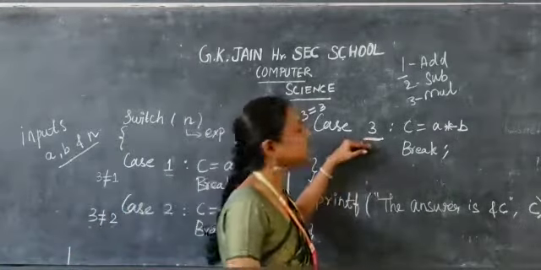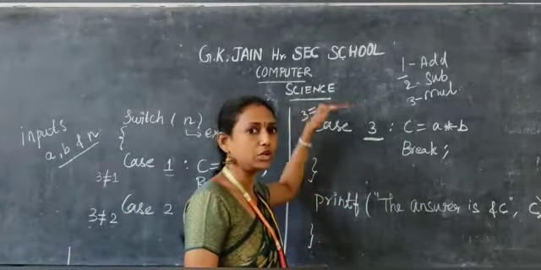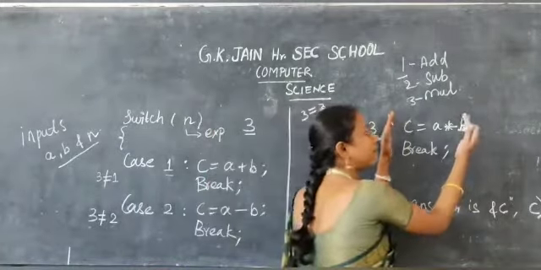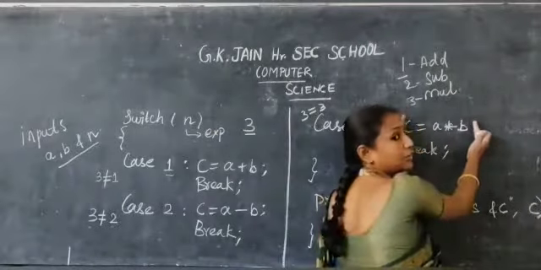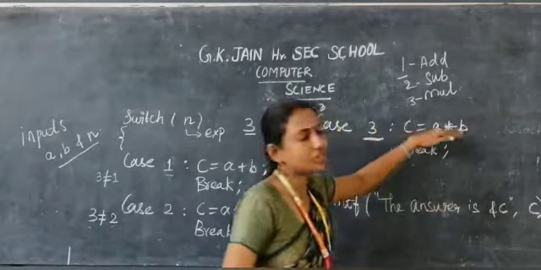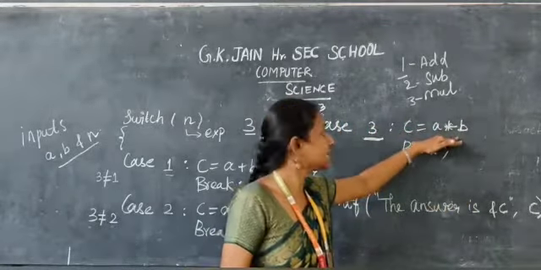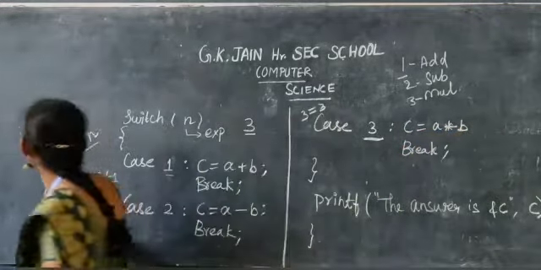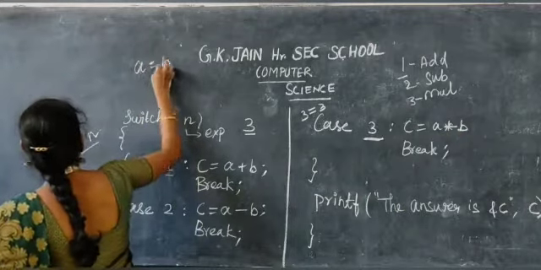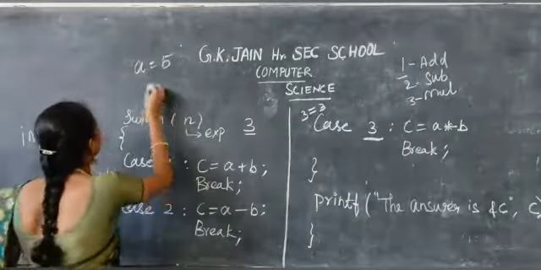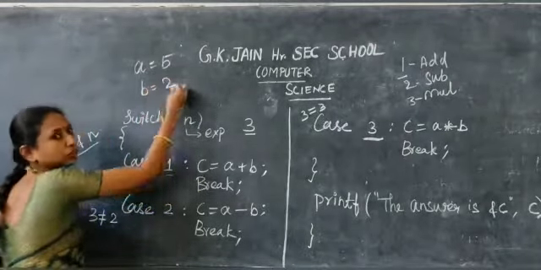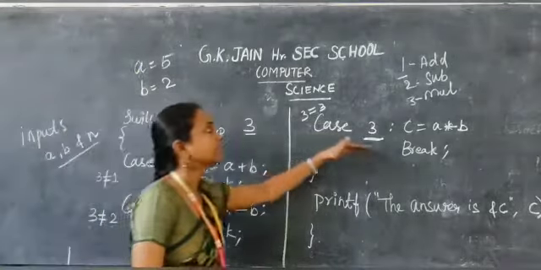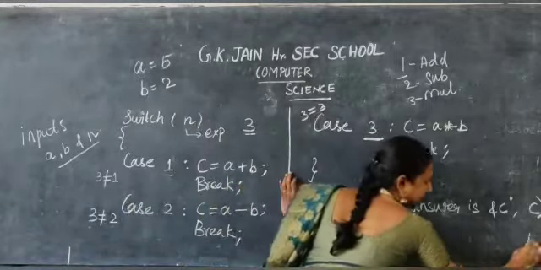See, here it matches. 3 is equal to 3. So you got the match. Then it will perform that specific part only, that is, C is equal to A into B. See, if I have given A is equal to 5 and B is equal to 2, the output of C will be 10.